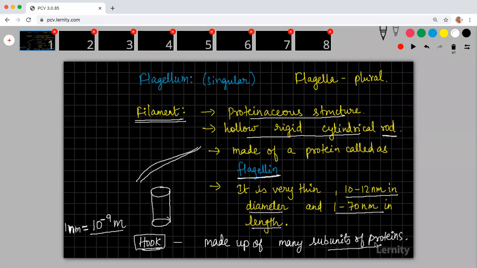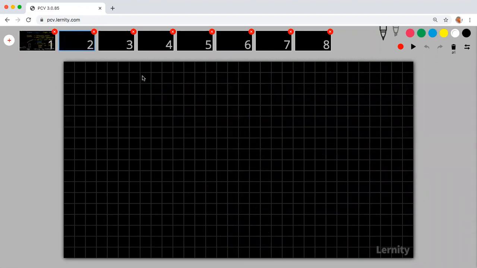Okay, now we'll move on to the second thing, which we call the basal body.